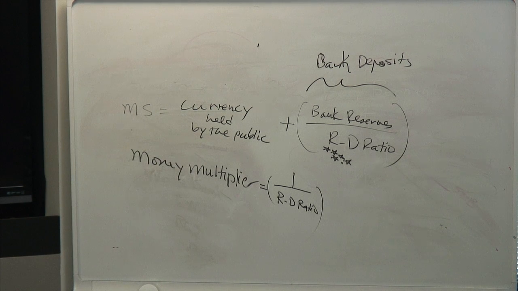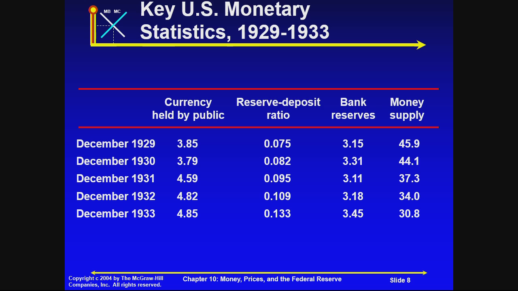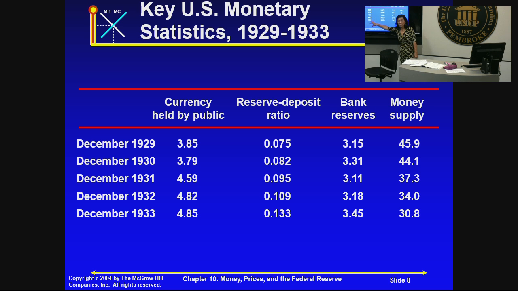Okay. Let's look at this number here. If you look at currency held by the public in 5 years, Decembers of those years when the Great Depression happened, 1929 all the way to 33, we got 5 years.